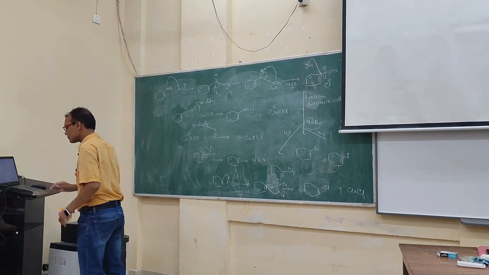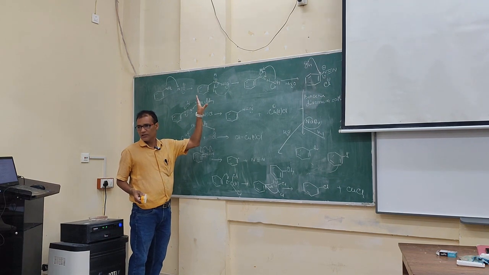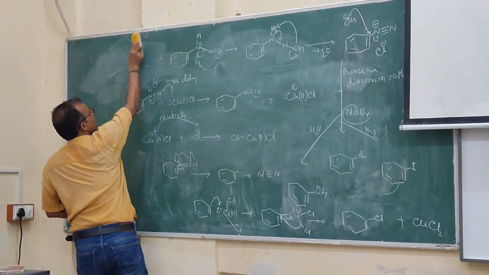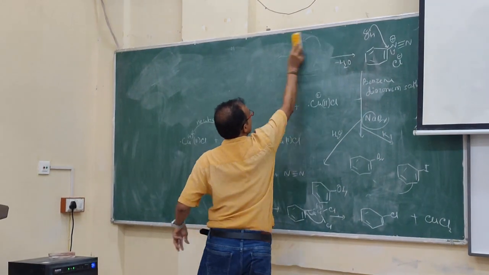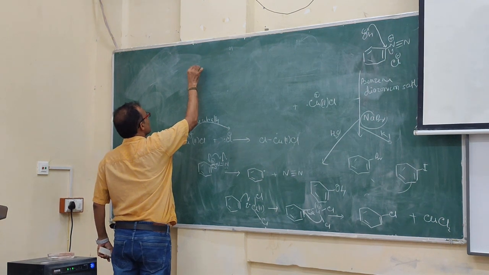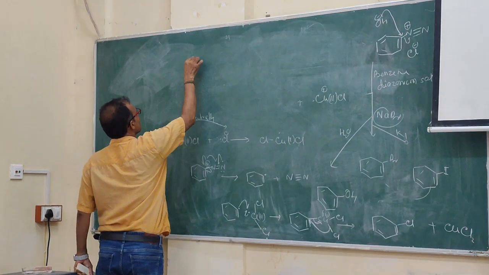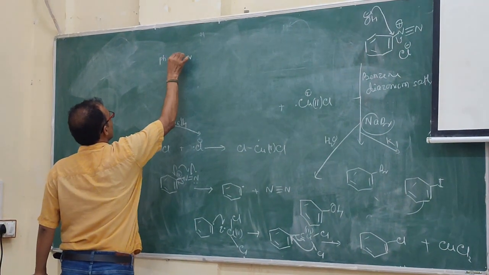Okay, that means once you have diazotization, suppose you have Ph-N triple bond N, this is the diazonium salt.